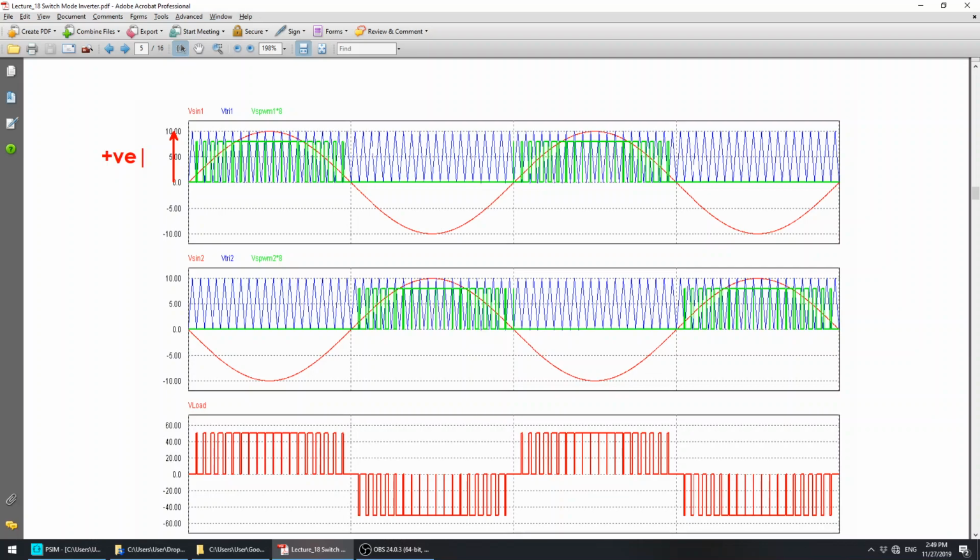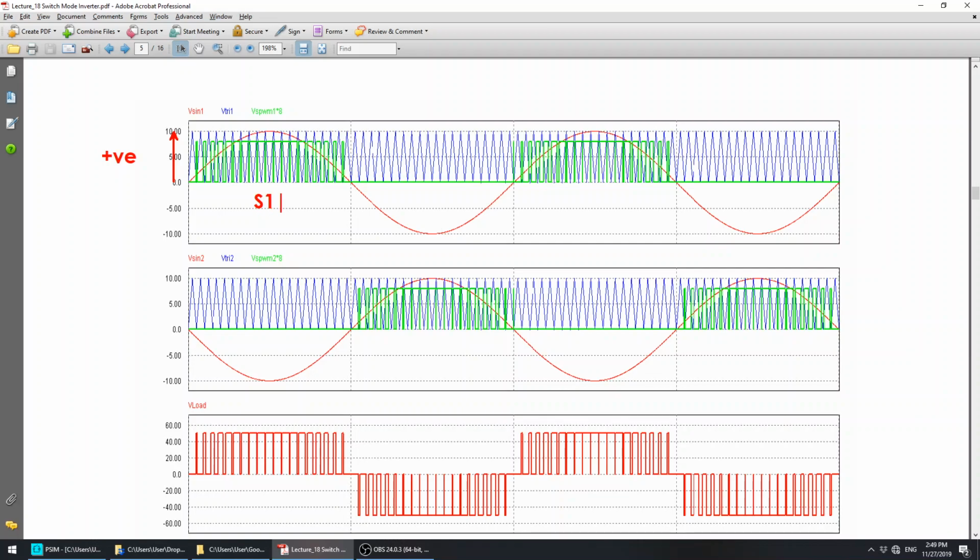Then you compare it with the modulating signals. The sinusoidal modulating signal will be compared with the positive triangular carrier signal. So this is unipolar. The output, which is the green waveform there, will be connected to S1, switch 1, the top switch.